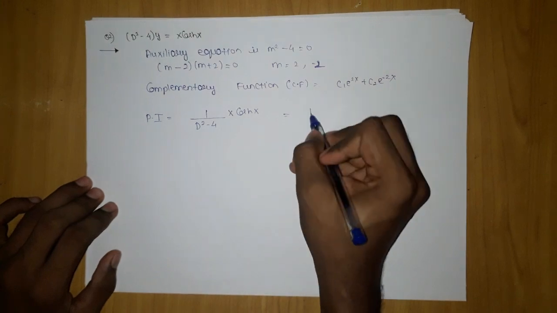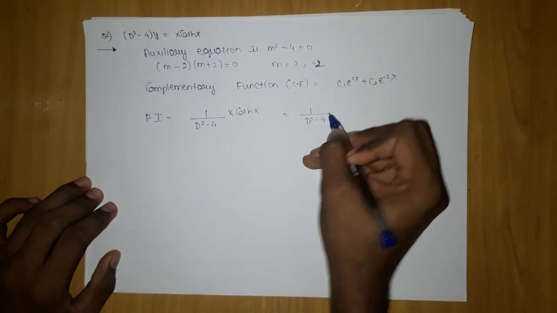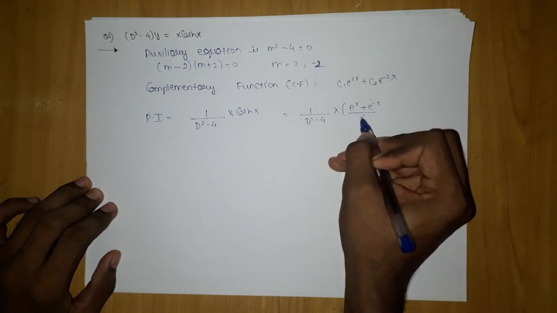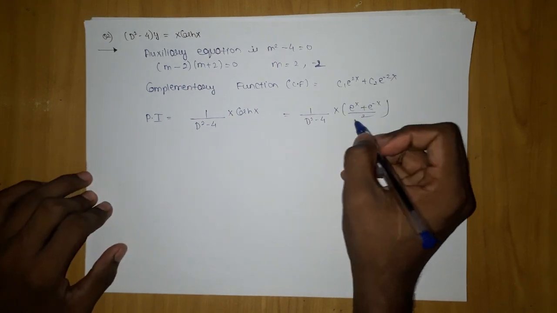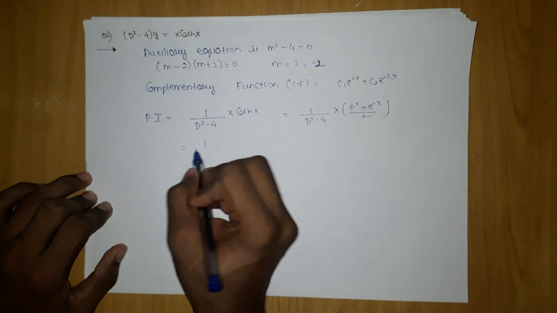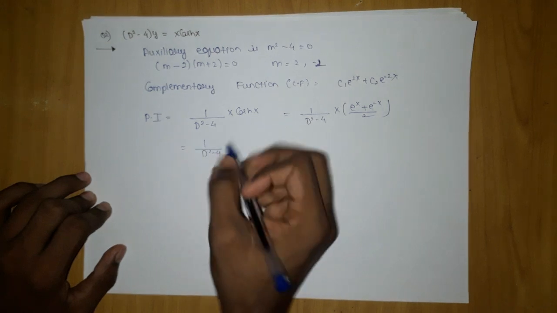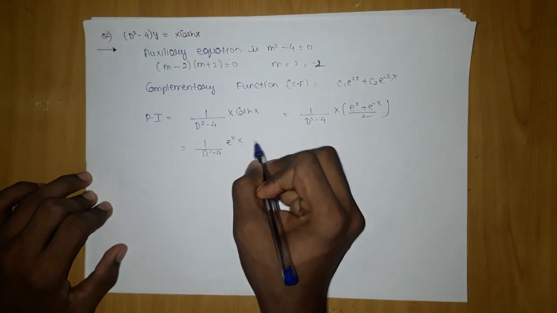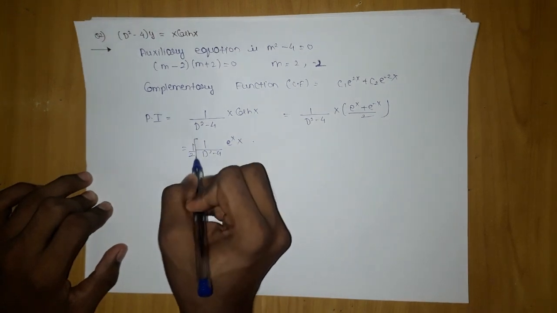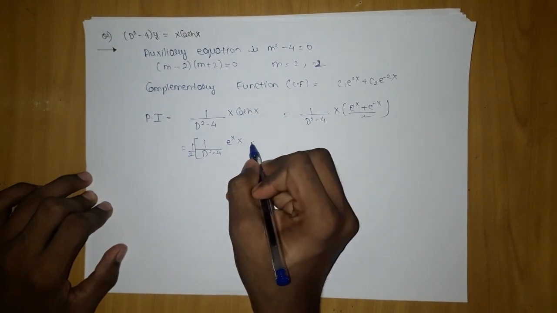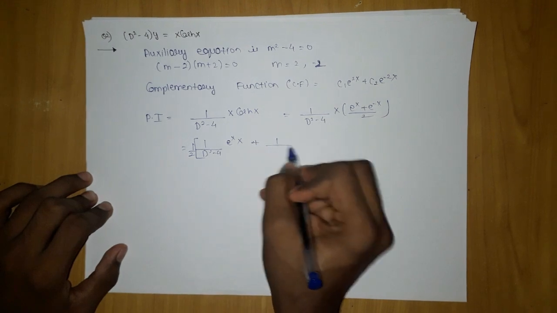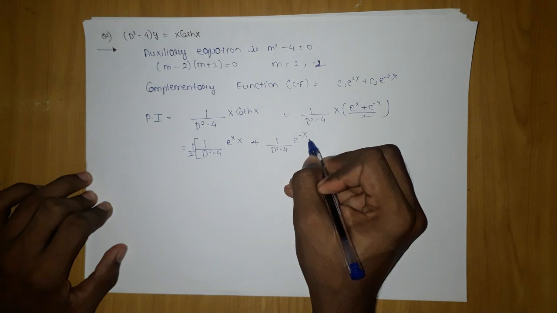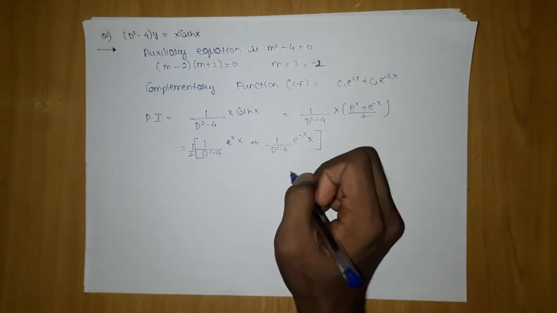So let's write them. If we write them, 1 by d square minus 4 of x into e to the power x plus e to the power minus x by 2. So we are going to get 1 by d square minus 4, this will combine with e power x into x, and 1 by 2 will move outside completely. Then plus 1 by d square minus 4, here e to the power minus x into x, and then everything will be closed.